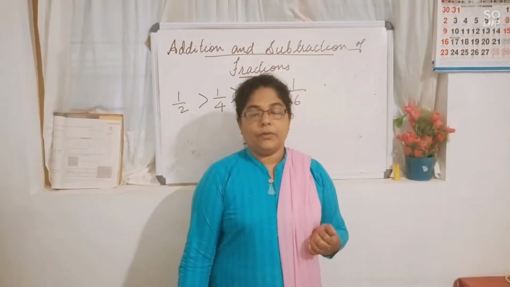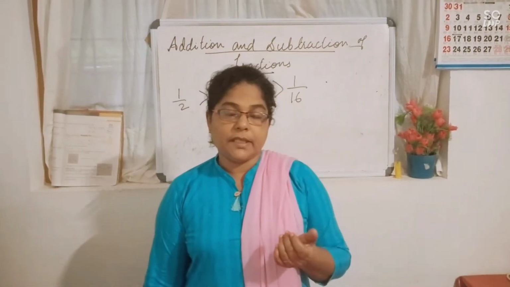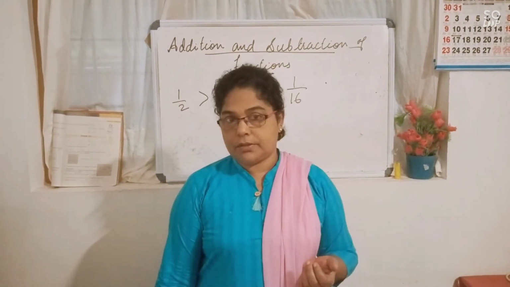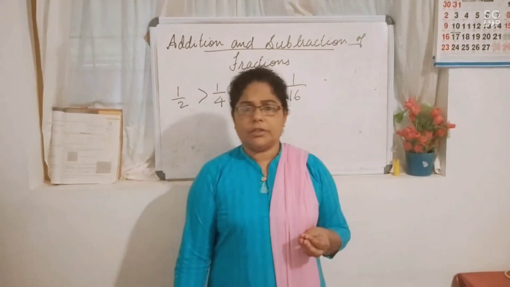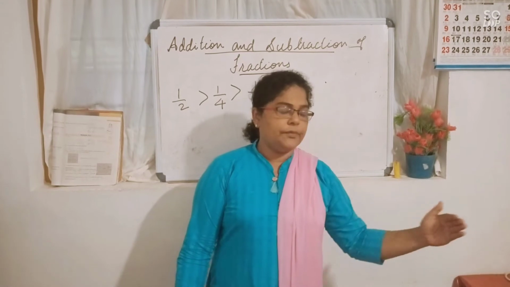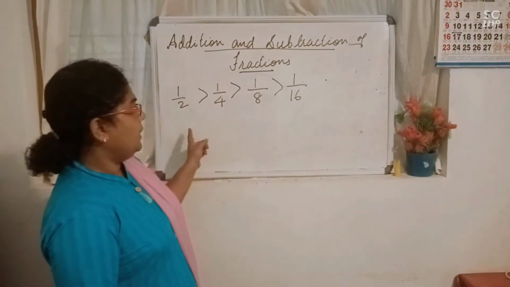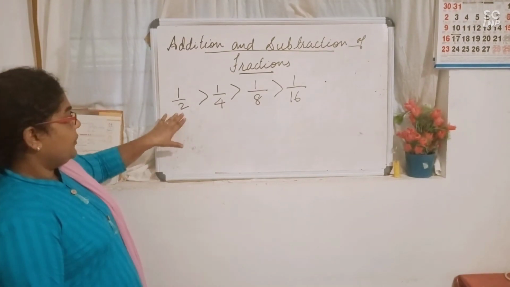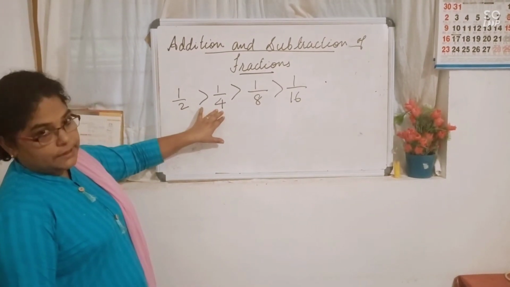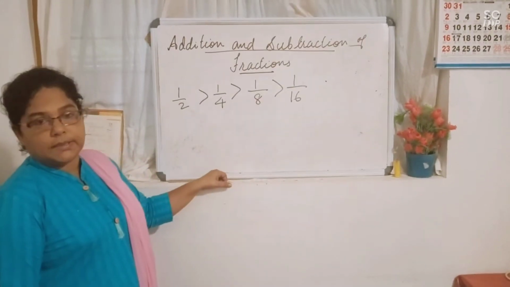Now, okay students, what did we discuss now? We discussed how we can get a fraction. We get a fraction when one thing is divided or parted into different pieces. See the fractions. This series: 1 by 2, 1 by 4, 1 by 8 and 1 by 16.